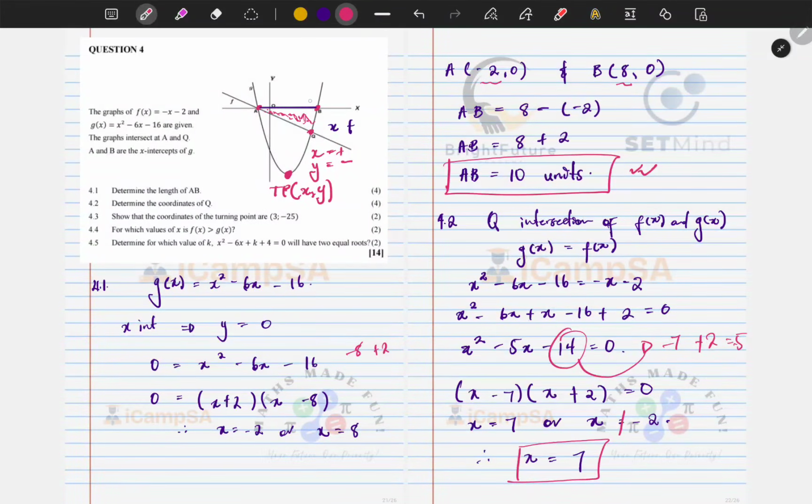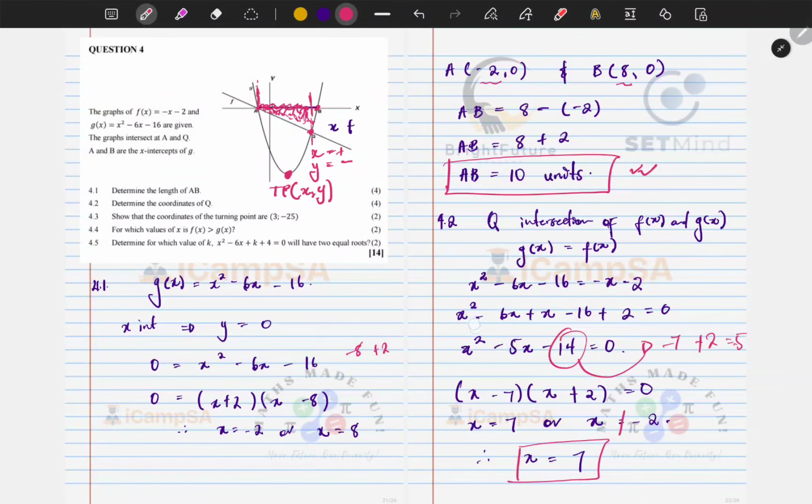However, those values should not be included, so those values will be in this range. It means that your x is going to be greater than -2, all the values greater than -2 will be here, but not less than 7.